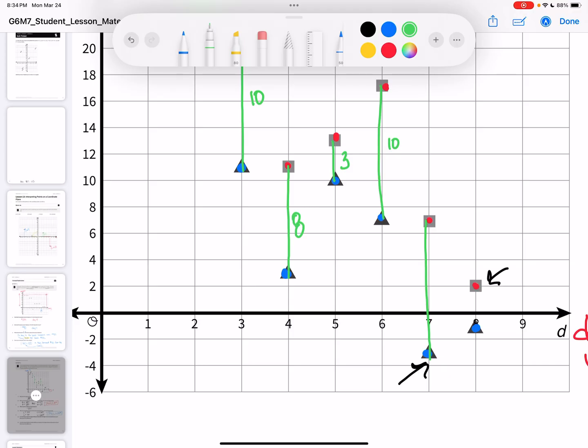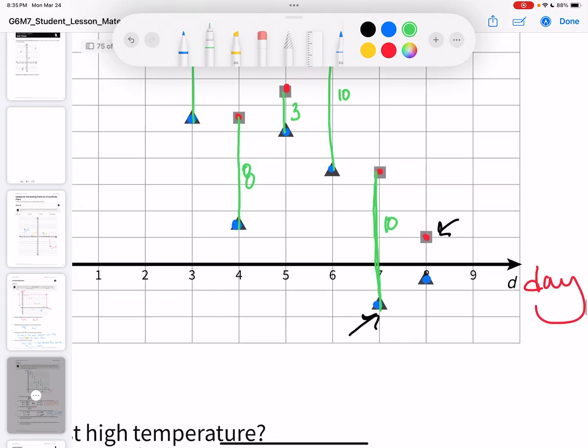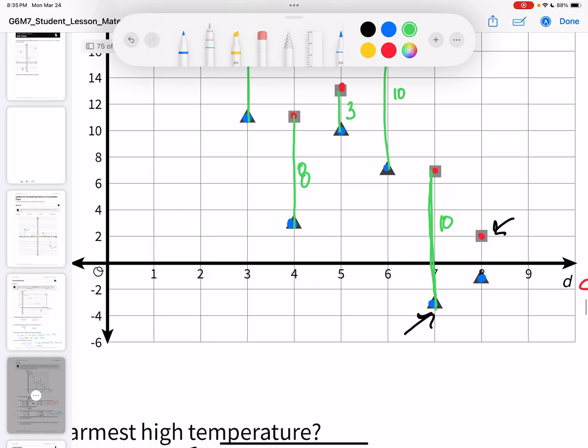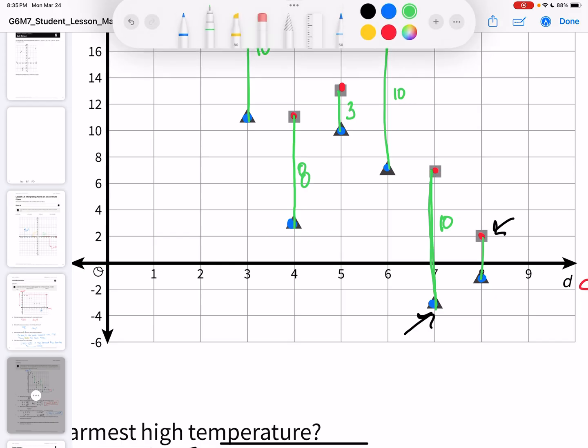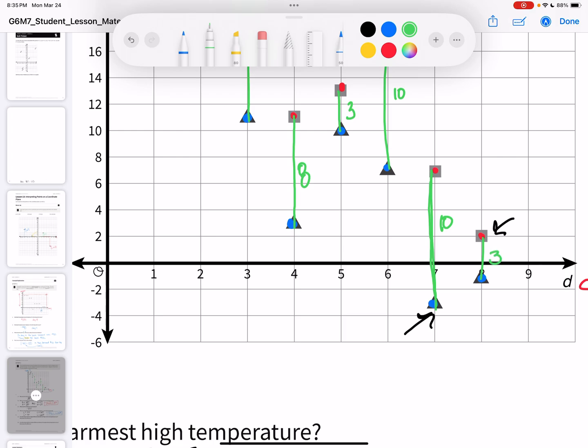So that one might be hard. That would be 7 minus -3, which would be 7 plus 3, right? Because we go 1, 2, 3, 4, 5, 6, 7, 8, 9, 10. So that's a difference of 10. And this one is 2 to -1. So we go 1, 2 plus another 1, which is 3. So the difference here is 3.